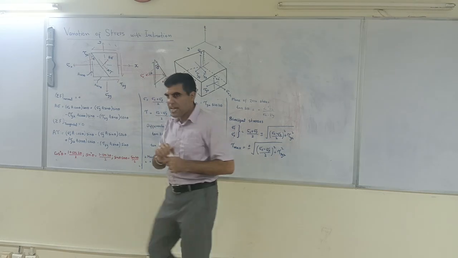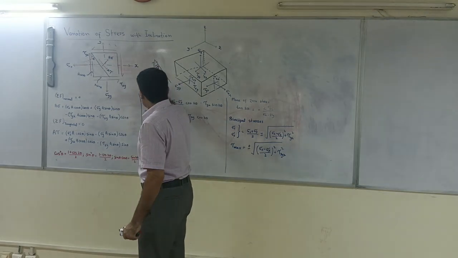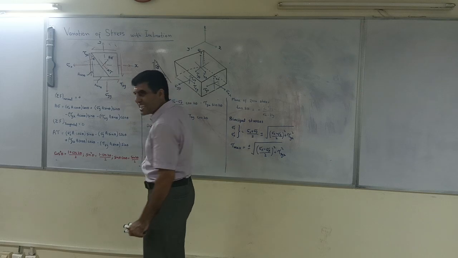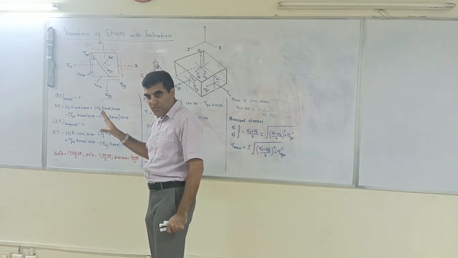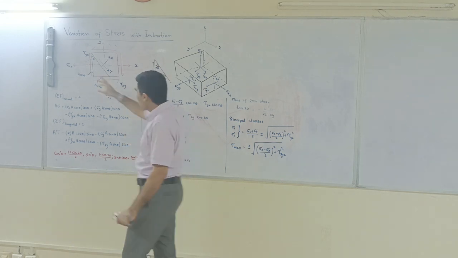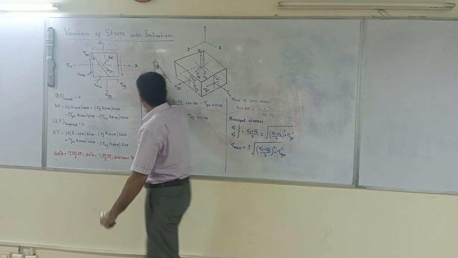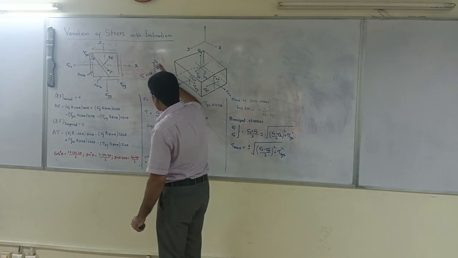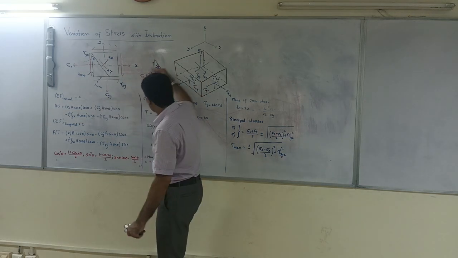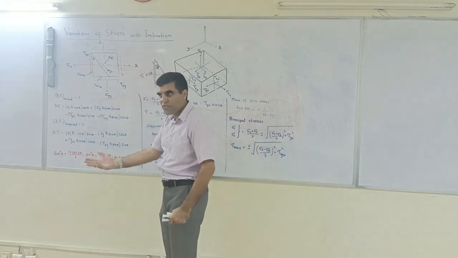So, two things I have said. One is that you find out where your theta is, and then you assign the direction to it. So stress x is facing outward. I am saying that A stress is in this direction. Whatever is in that direction, away from this plane, is positive.